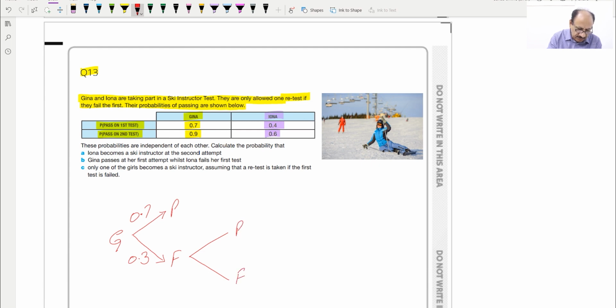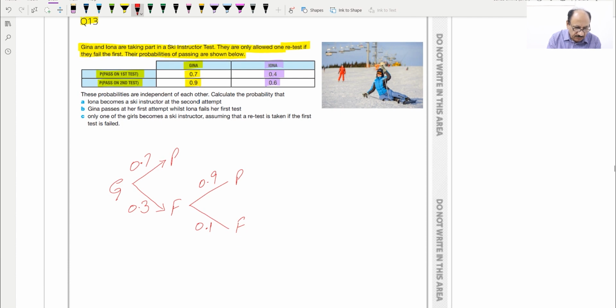Passing the second test is 0.9, and failing will be the remaining probability 0.1. So this will be the tree diagram for Gina, and similarly we can draw for Iona.